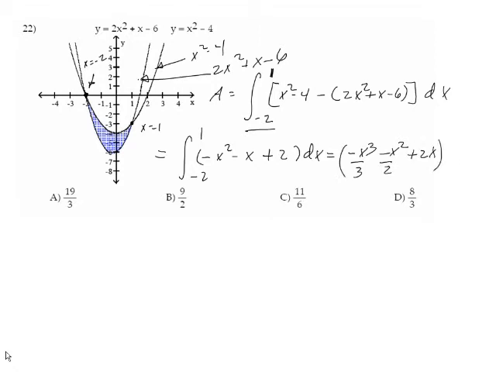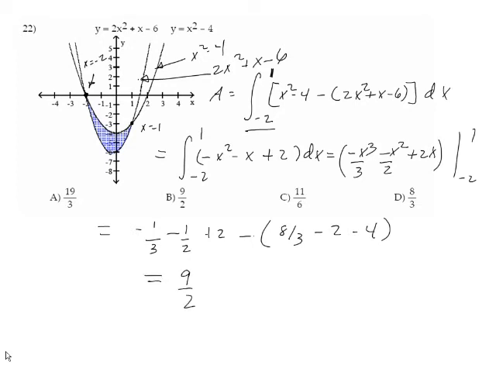Evaluate between -2 and 1, and plugging this in, you get minus 1/3 minus a half plus 2, minus 8/3 minus 2 minus 4. Summing all this up, you get 9/2. And that's the answer.